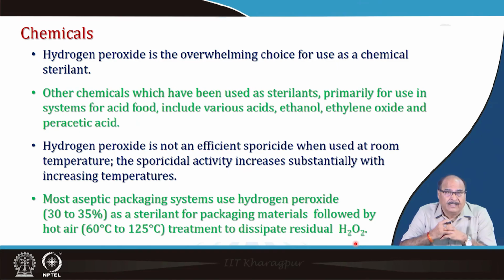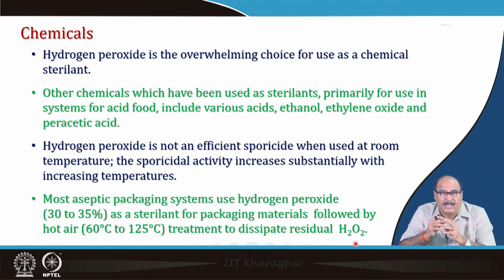Then chemicals are also used. Hydrogen peroxide is the overwhelming choice as a chemical sterilant. Other chemicals which have been used as sterilants are various acids, ethanol, ethylene oxide and peracetic acid, etc. Hydrogen peroxide is not an efficient sporicide when used at room temperature.